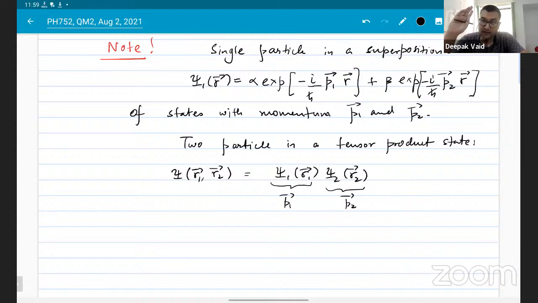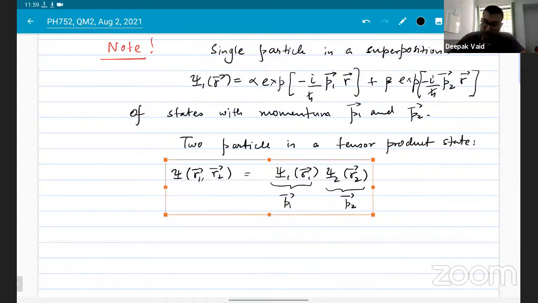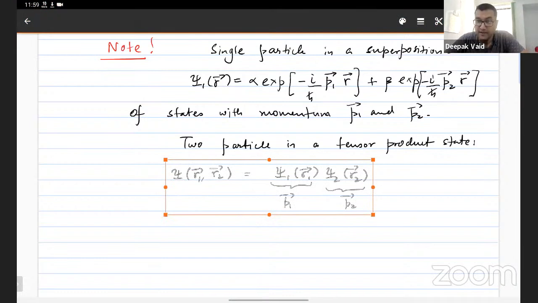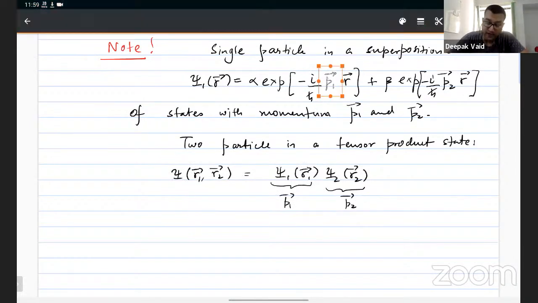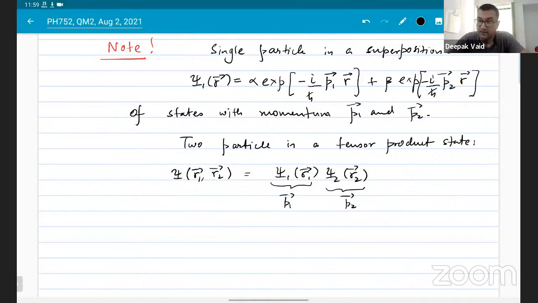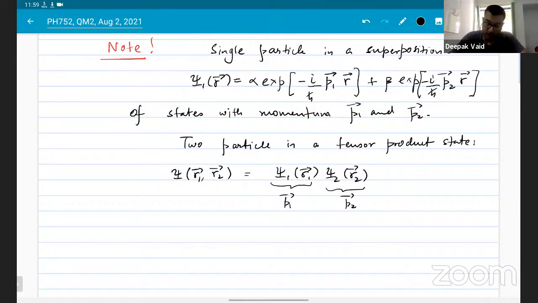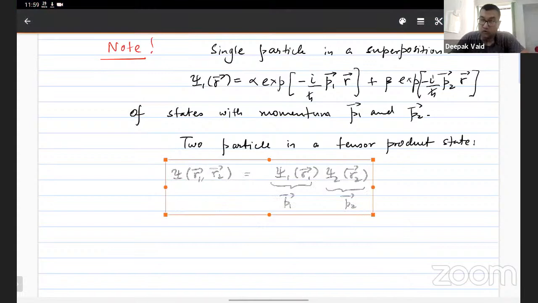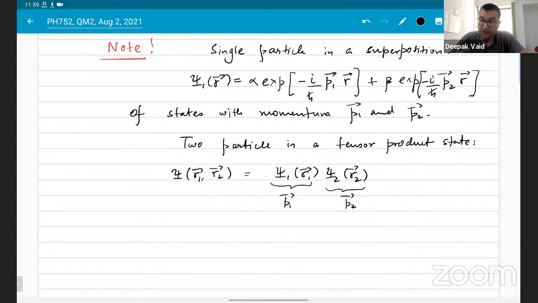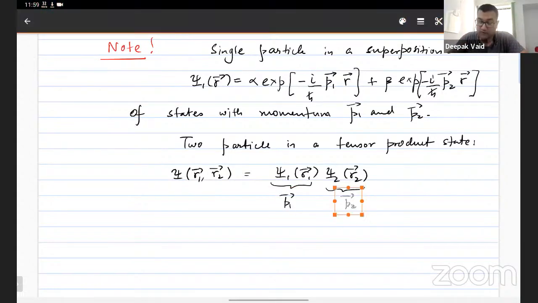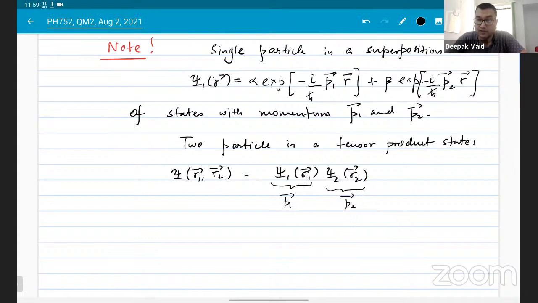Right? But when I measure the momentum of this state, even though I have two different momenta here, two different numbers, you might think, well, I will get two, right? Because you have one momentum operator which acts on this. On the other hand, the momentum operator acting on this will give you two sets of quantum numbers, one for the first particle and another for the second. Okay.